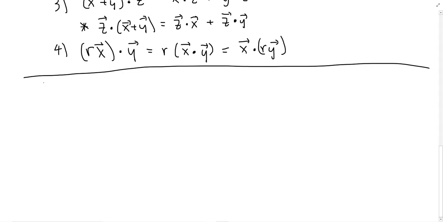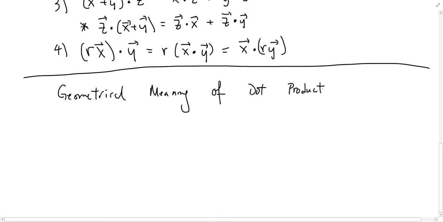One way to interpret dot product is using a geometrical interpretation, or at the very least, to show you what dot product does. Later on, we're going to look at a trigonometric interpretation of what dot product is.